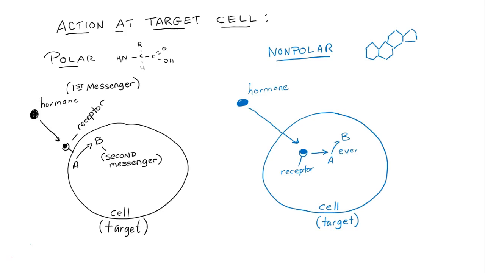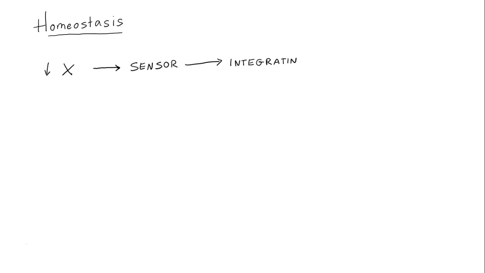The overall purpose of a hormone is to maintain homeostasis. A hormone, therefore, is a chemical messenger that allows a cell to maintain stability, maintain your blood pressure, your blood sugar, or prevent dehydration, for example. That means that when the level of X, for example, becomes lower than its set point, this level is detected by a sensor which provides information to an integrating center.